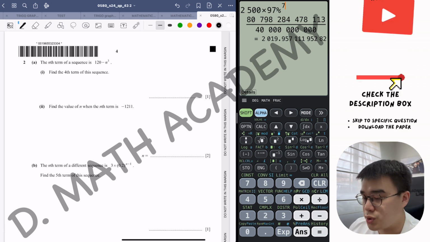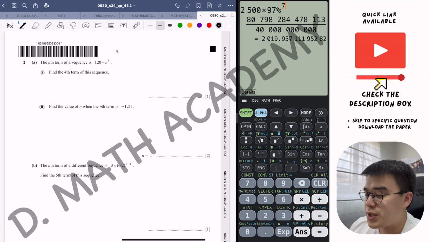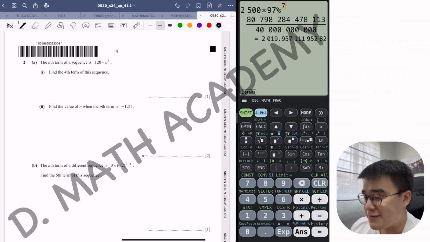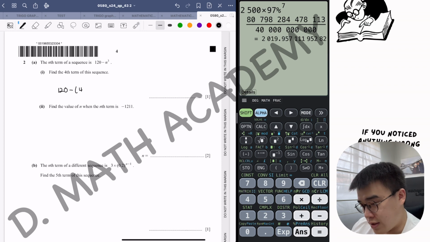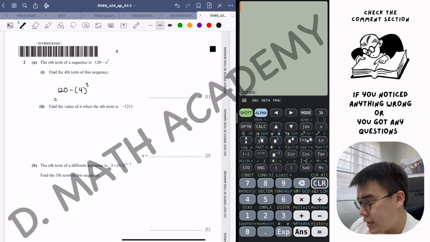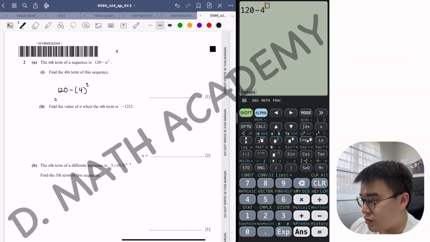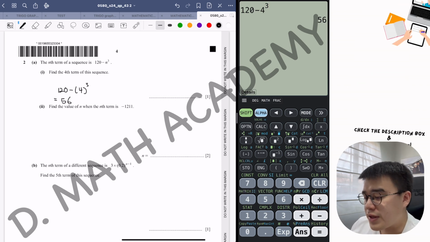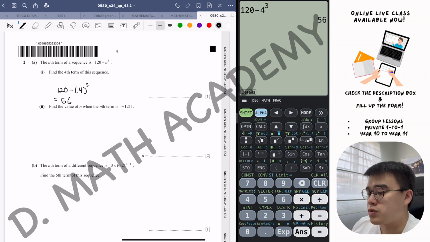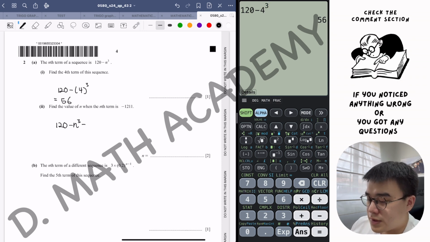Moving on to question 2, the nth term of the sequence is 120 minus n cubed. Find the fourth term. So basically asking us to substitute 4 into the calculation: 120 minus 4 to the power of 3, making the result 56. And find the value of n when the nth term's value is 1211. So now they want us to make n the subject.